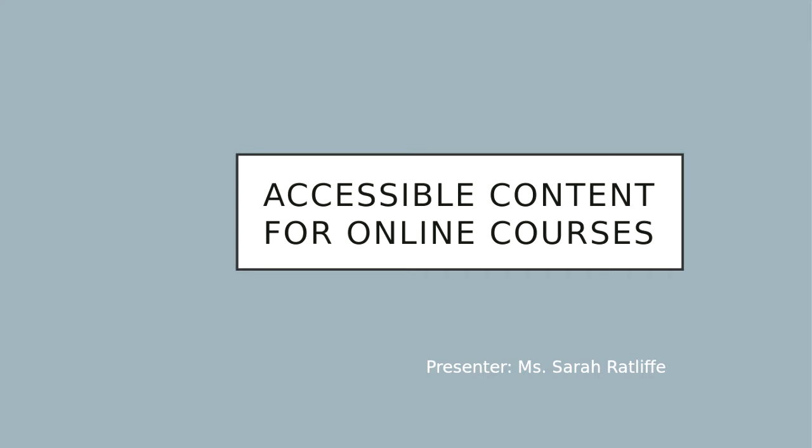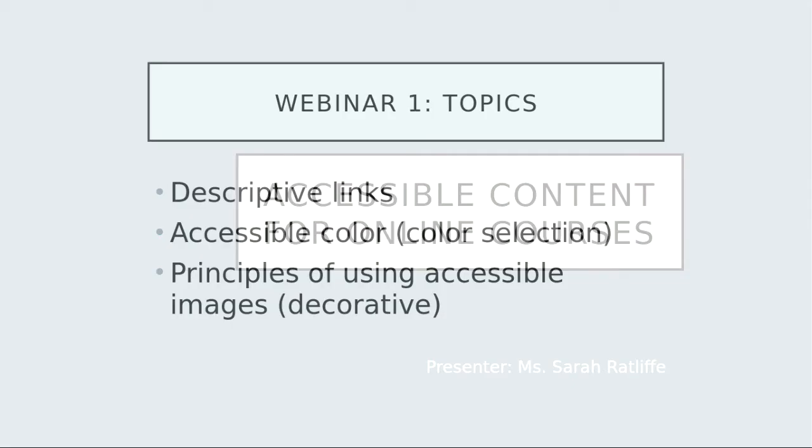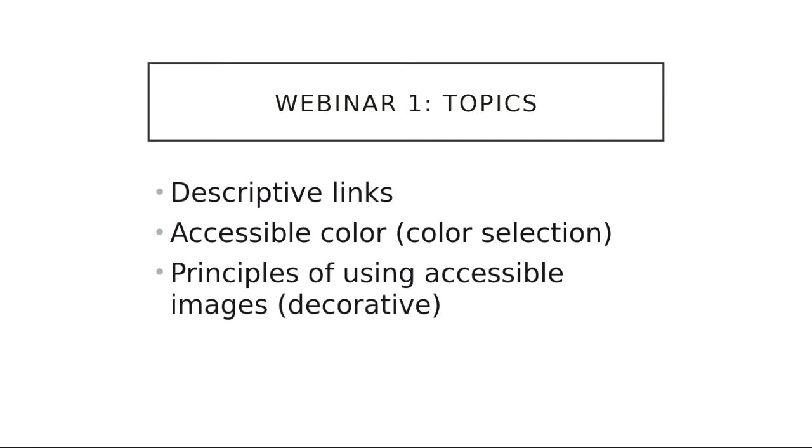This first webinar will cover the following items on the screen: descriptive links, accessible color, helping you understand what color selection you should be using when you're putting together your Brightspace page, and principles of using accessible images or decorative images.